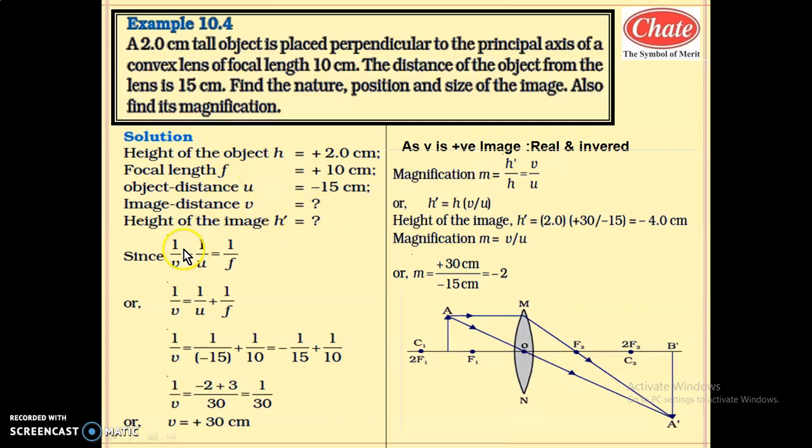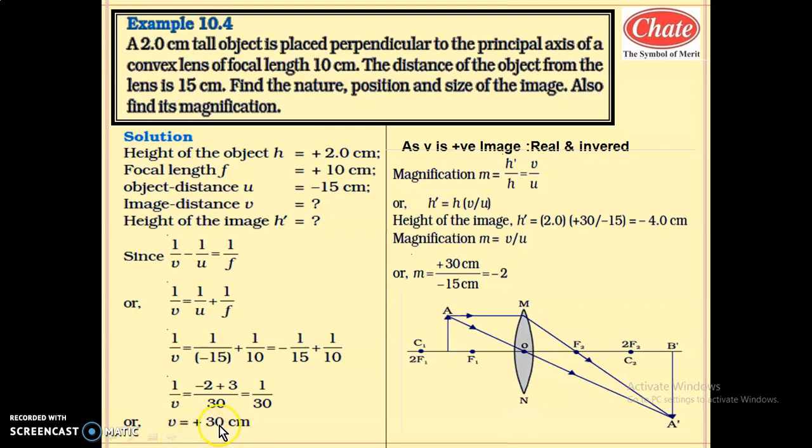Using the lens formula, 1 by V minus 1 by U equal to 1 by F. So 1 by V equal to 1 by U plus 1 by F. 1 by V equal to 1 by minus 15 plus 1 by 10, so it will be minus 1 by 15 plus 1 by 10. Here LCM is taken as 30. So 1 by V equal to minus 2 plus 3, which gives plus 1 by 30. Hence V value is plus 30 centimeter.